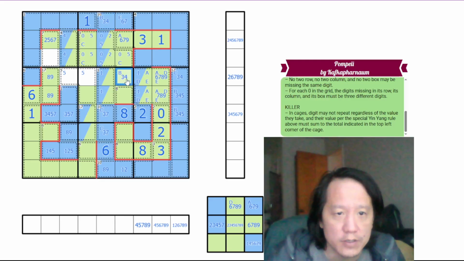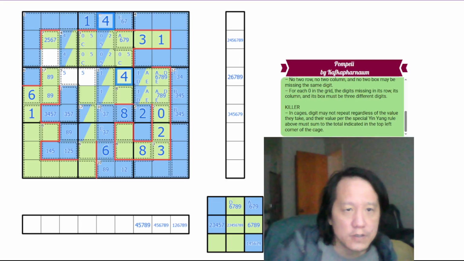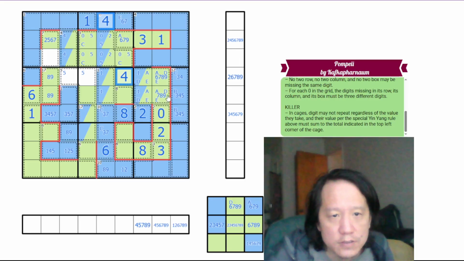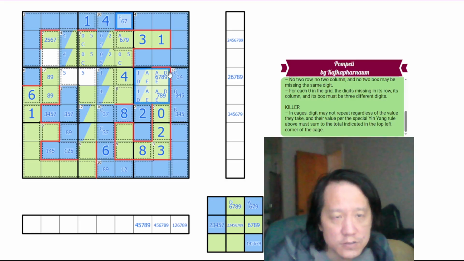All the B's are 4s. All the E's are 6s. So E cannot be here. E is one of these two. So this is 6.